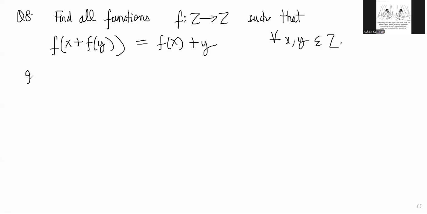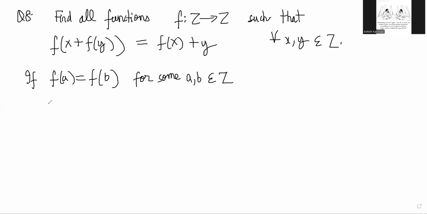Now think about it. If f of a is equal to f of b for some a, b belonging to Z, what will happen? I will put y is equal to a in this relation, and I'm getting f of x plus a, right?